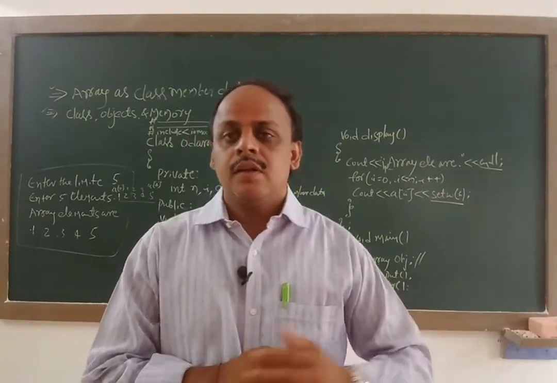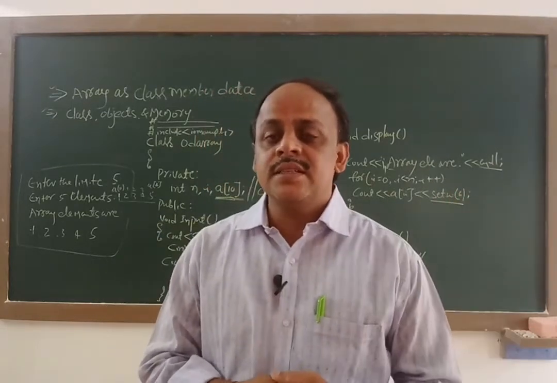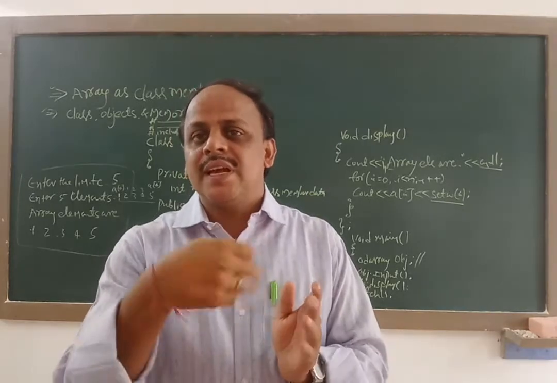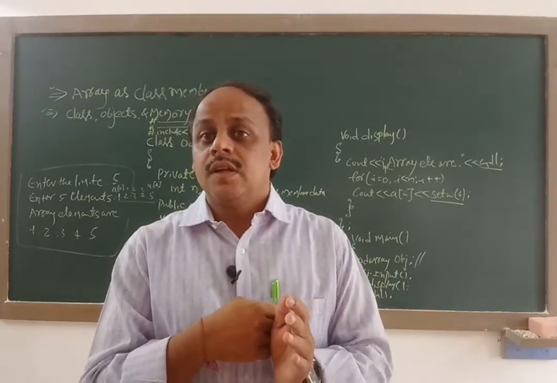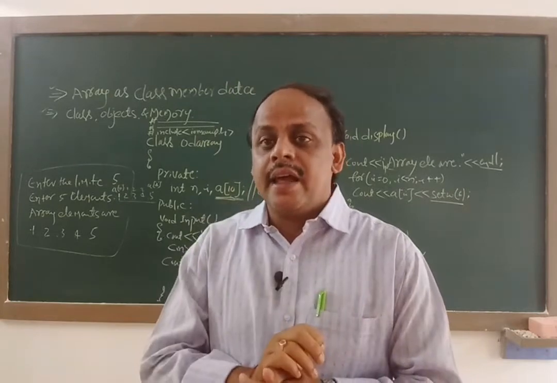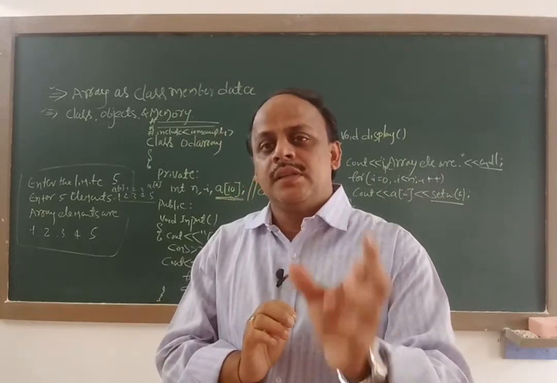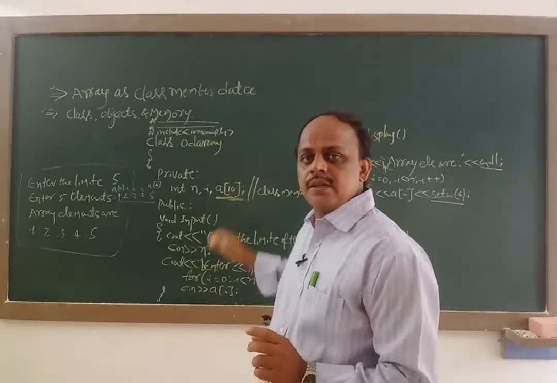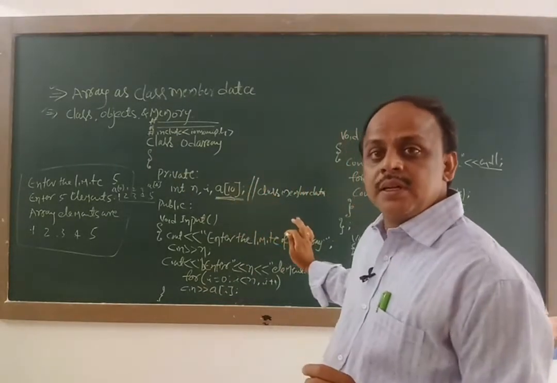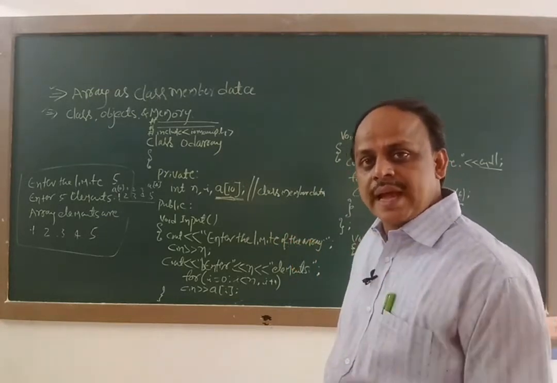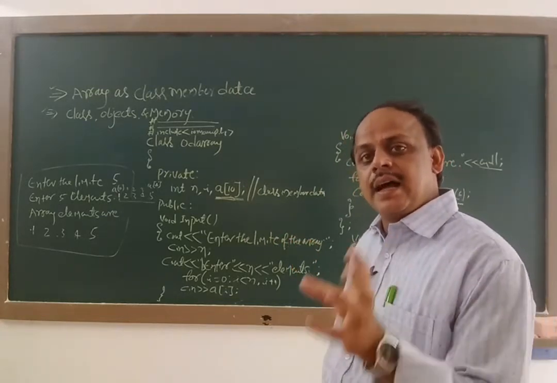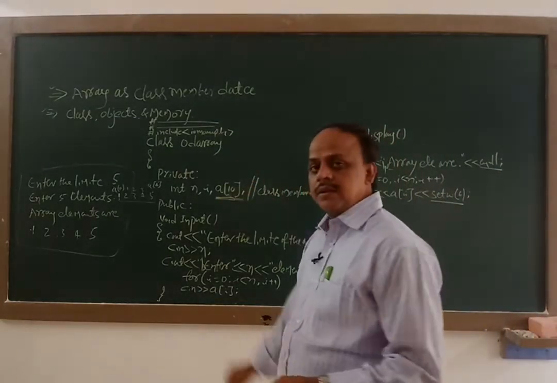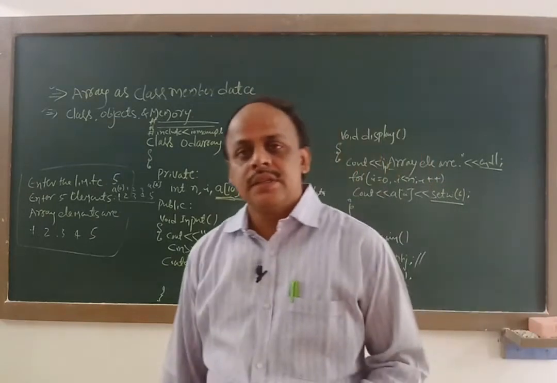In the previous class, we were only able to declare data members, means just variables, right? But we can declare an array as a data member. That is today's topic, right? So this program clearly shows that we can declare an array as class member data.